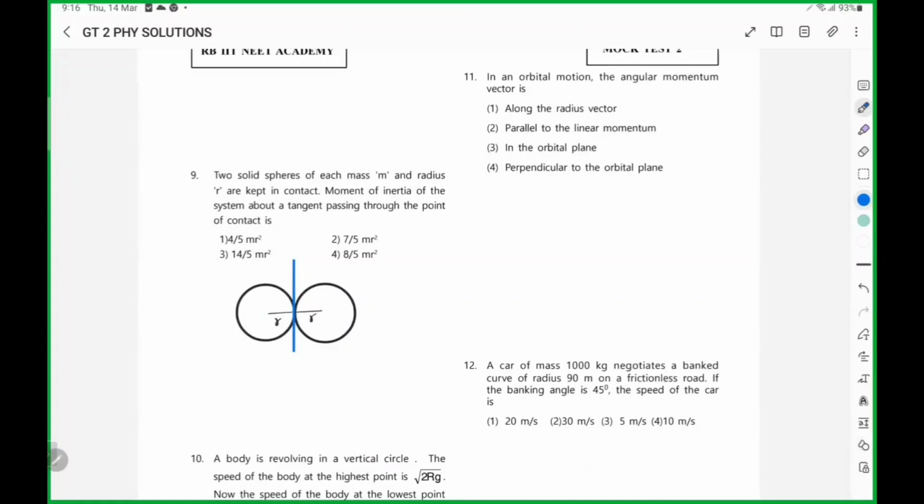So we know the moment of inertia of a solid sphere about an axis which passes through the center of mass is 2 by 5 mr square. By the parallel axis theorem, the moment of inertia of one sphere about the tangent will be 2 by 5 mr square plus mr square, that is 7 by 5 mr square. So now the moment of inertia of two spheres about the same axis will be 14 by 5 mr square.